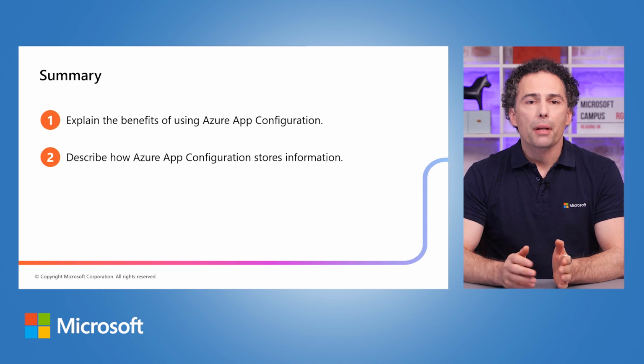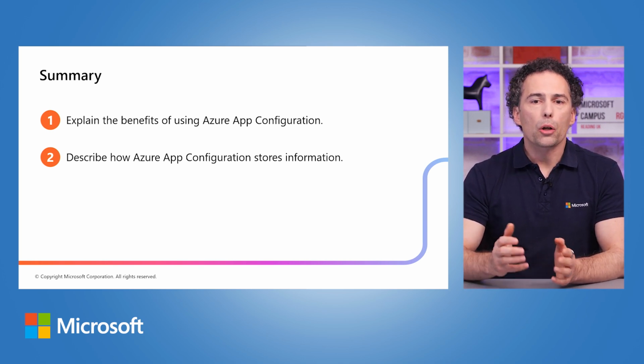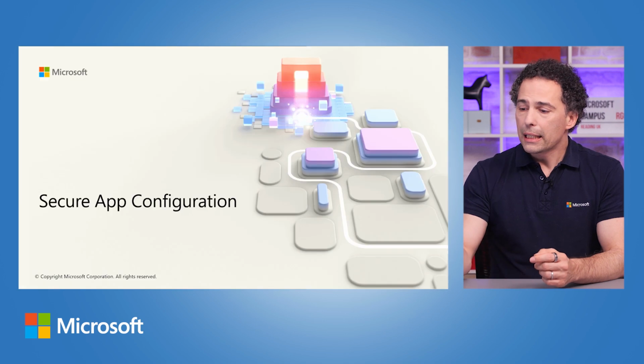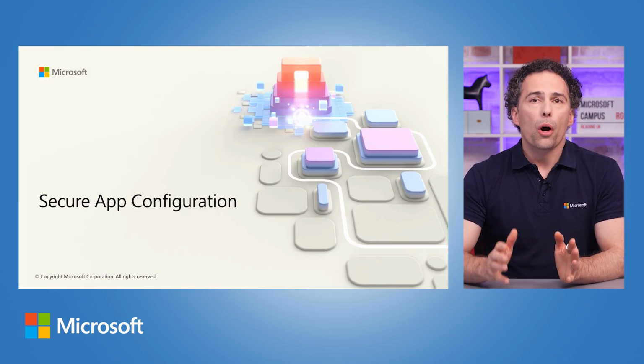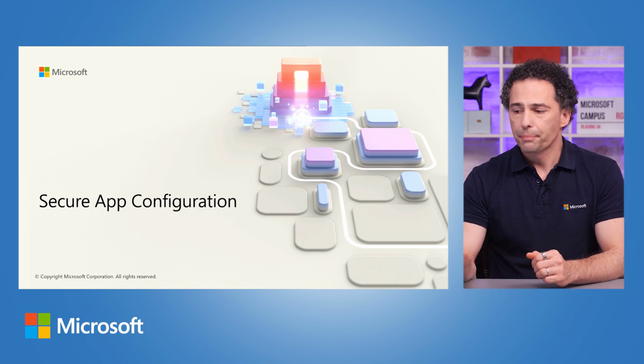In this unit, I talked about the benefits of Azure App Configuration. I also described how Azure App Configuration stores information and how it is organized. In this next unit, I will talk about the security features of Azure App Configuration.